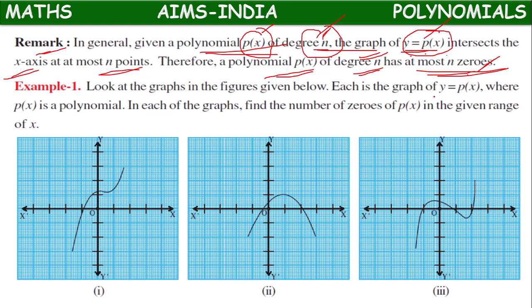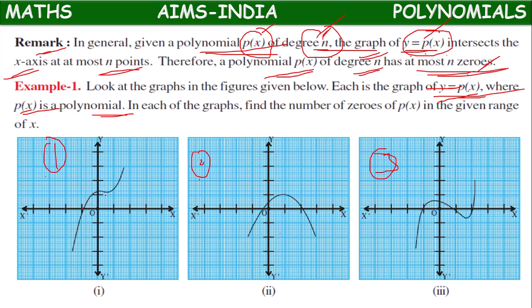Here y equal to p of x, where p of x is a polynomial. If we draw the graph of y equal to p of x, it may be like this as in the first case, like this as in the second case, like this as in the third case. So what are the number of zeros?